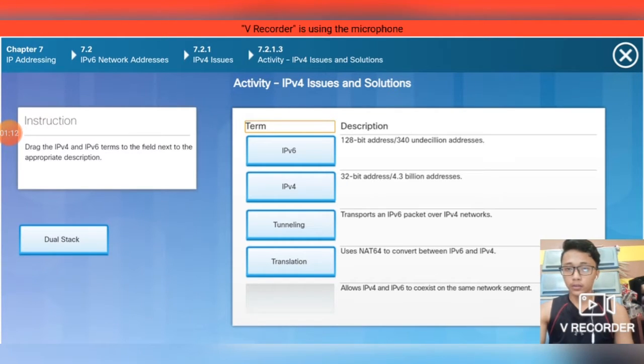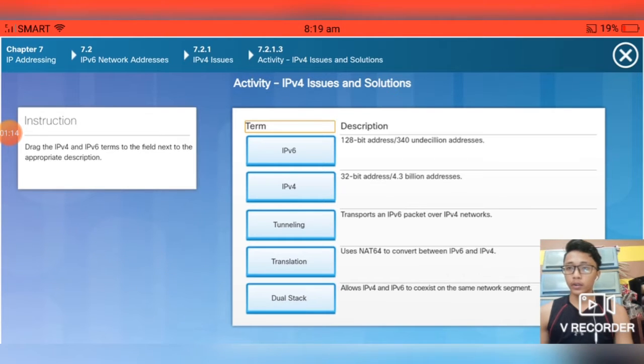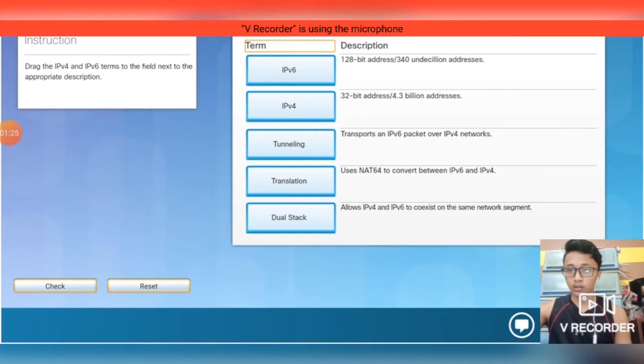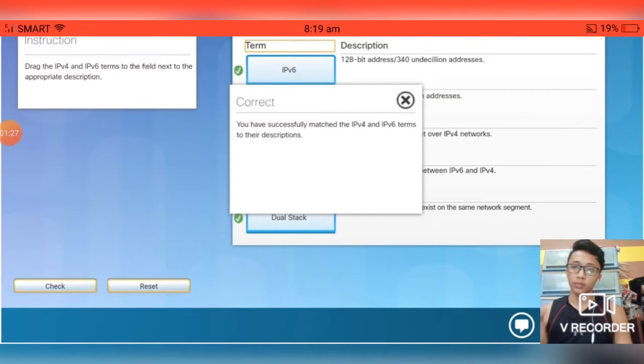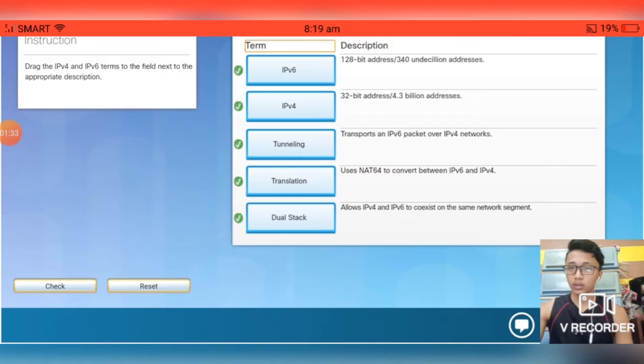Then the last is the dual stack, allows IPv4 and IPv6 to coexist in the same network segment. So we're going to check. So correct, we've successfully matched the IPv4 and IPv6 terms to their descriptions.